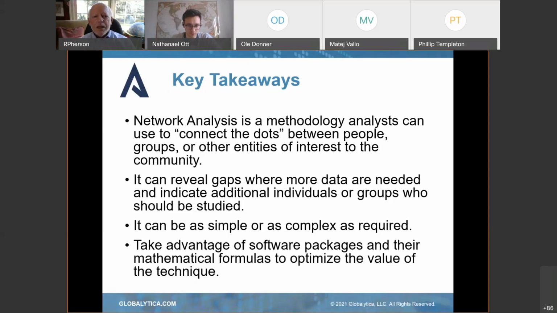And then lastly, the software packages can get pretty sophisticated. They can be very helpful, both the visualization packages and the computational packages. The thing is not to get caught up in the algorithms, and to know what data is being crunched.